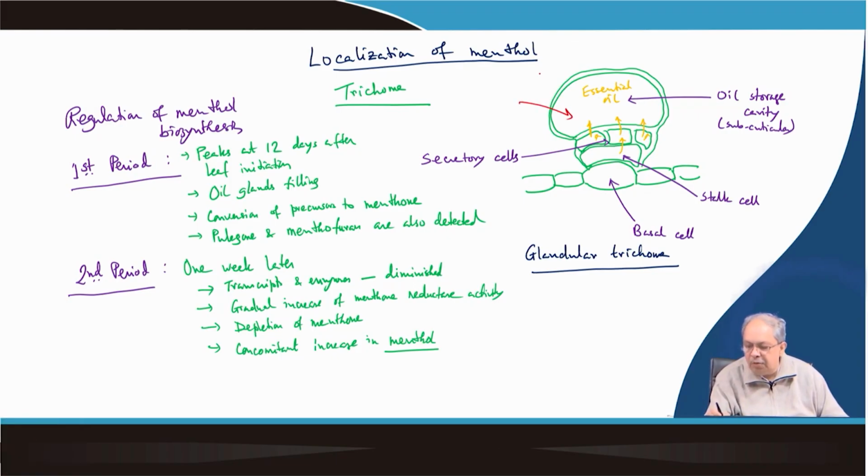If it is broken down, then that leads to the release of the essential oil. Okay. So, this is brief about the regulation of menthol biosynthesis. I will end this lecture here, and in the next class I will continue this topic to complete the total theme, that is the menthol story. So, thank you very much.